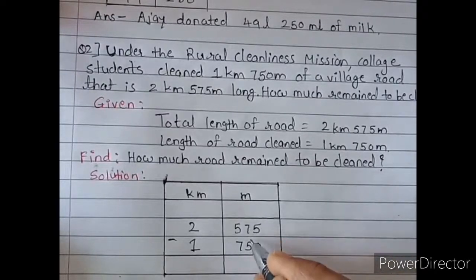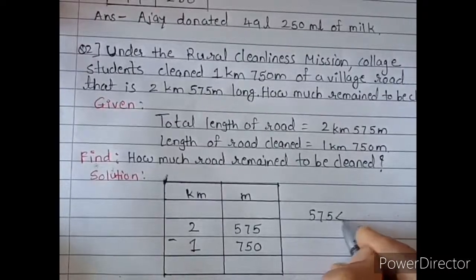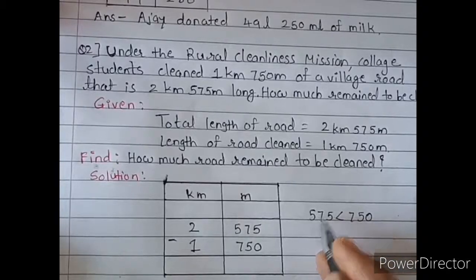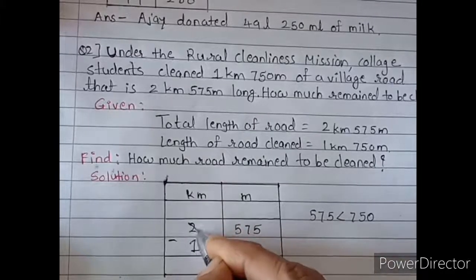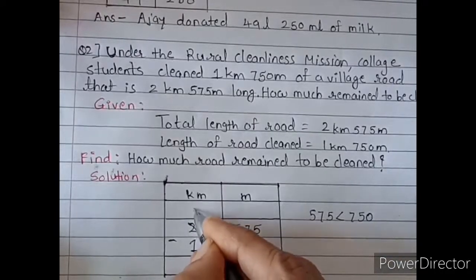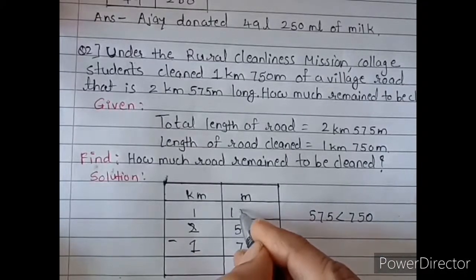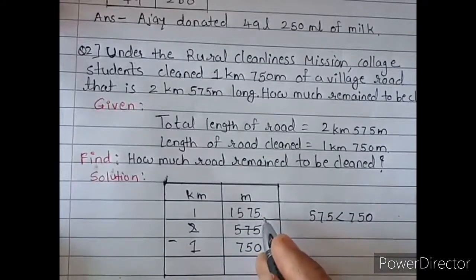Now observe these two figures. 575 is less than 750. So we cannot subtract 750 from 575. What do we have to do? We have to borrow 1 from 2 kilometers. So cut 1, write down 1 here, and add this meter here, 1575. And now you can subtract 750 from 1575.